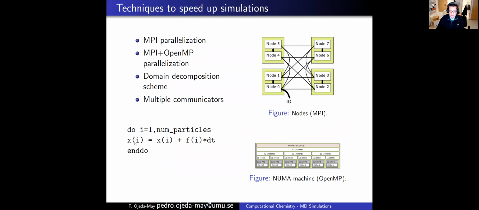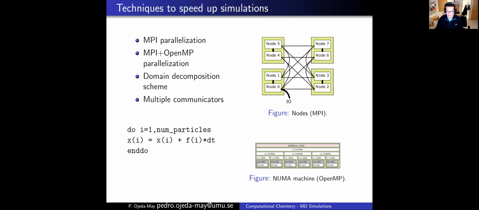For instance, here is a pseudocode where I am doing a loop over the particles, and then I'm updating the position based on the forces that were computed previously. And each of these single computations will be solved by all of these cores here, right? In particular, on Kebnekaise, we have 28 cores per node.